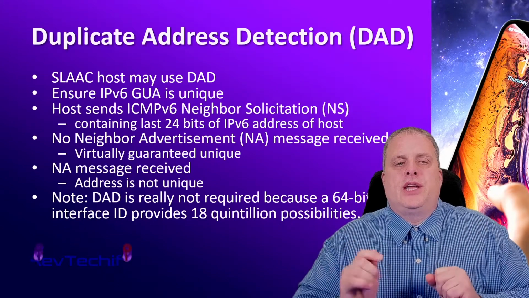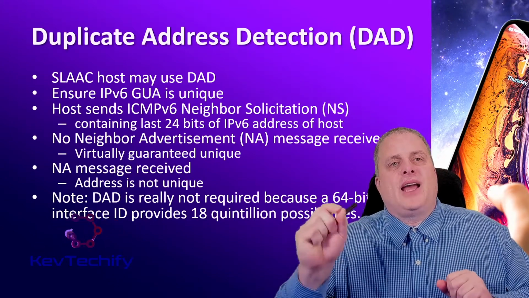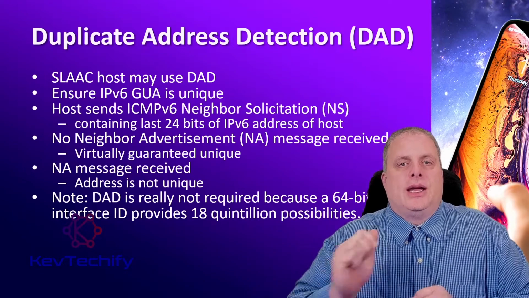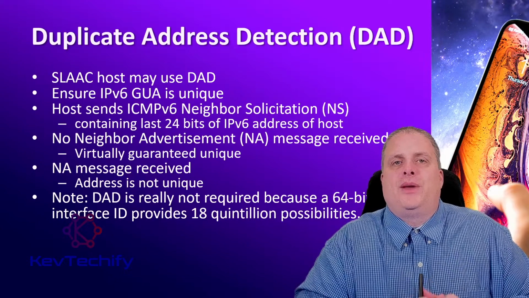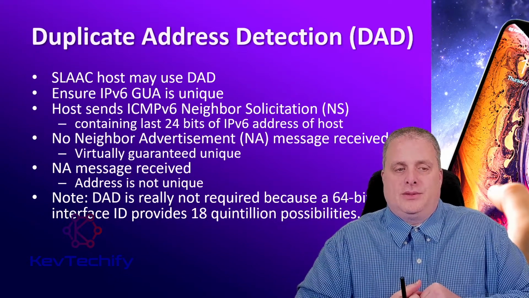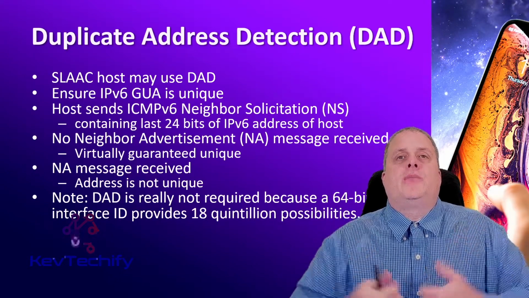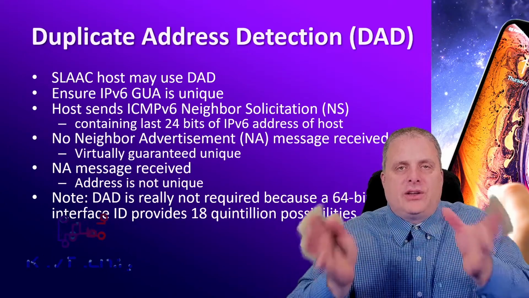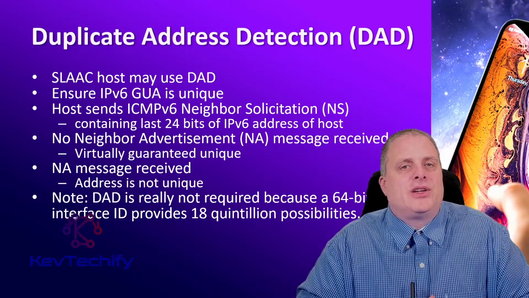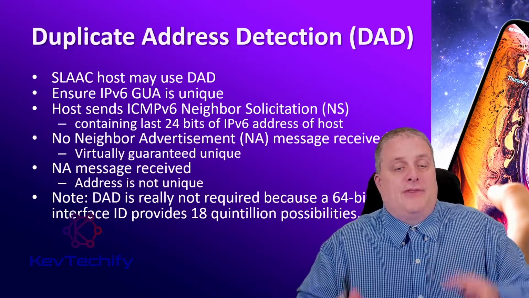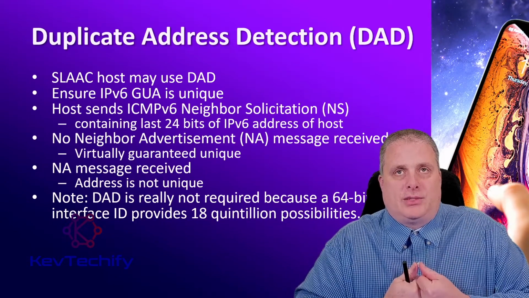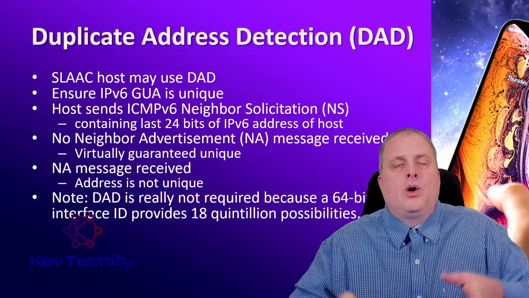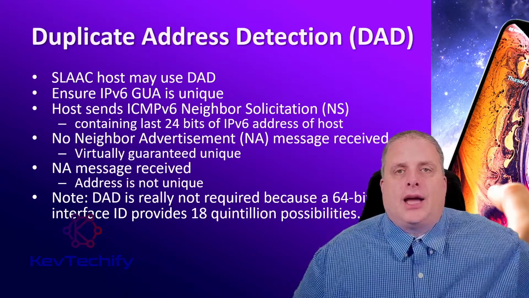This neighbor solicitation has the last 24 bits of the IPv6 address. It sends it out, and if there's somebody that has the last 24 bits that match my 24 bits, I'm going to get a message back. And that's going to say my address is not unique. If I don't get back a neighbor advertisement, then we're going to say, yes, it's a good address to use.